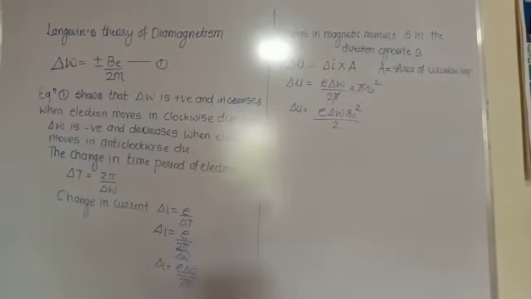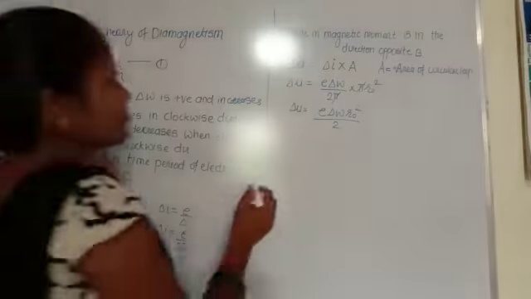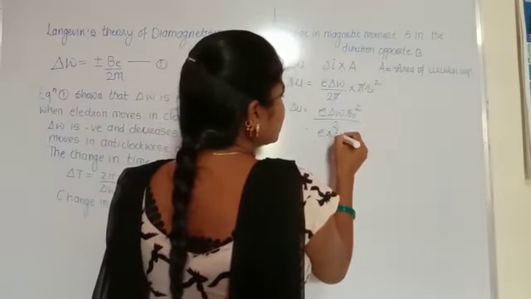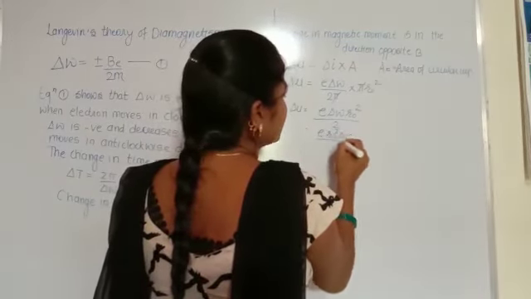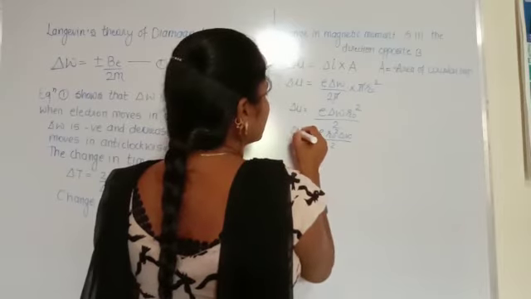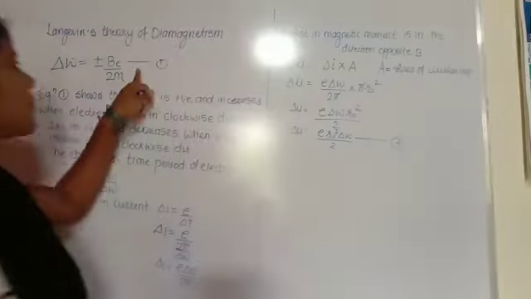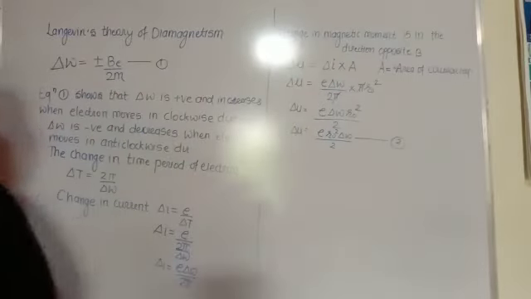This is the change in the magnetic moment, where A is the area of the circular loop where the electron moves. We can write this as e r0 square by 2 into delta omega. This is the second equation, and the earlier one is the first equation.